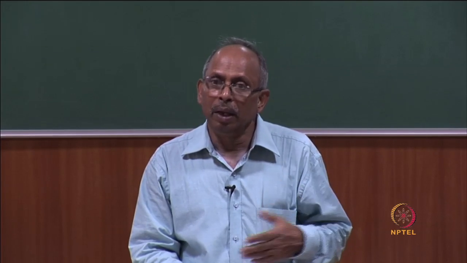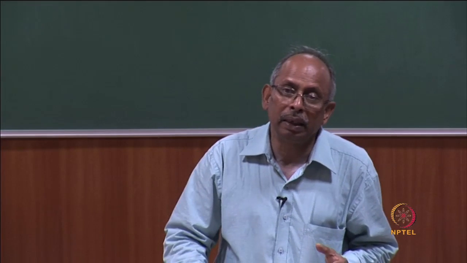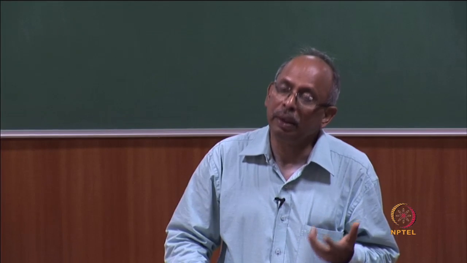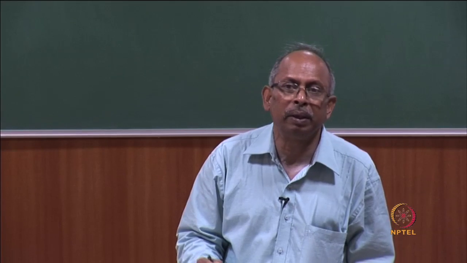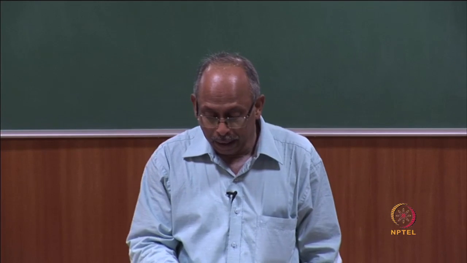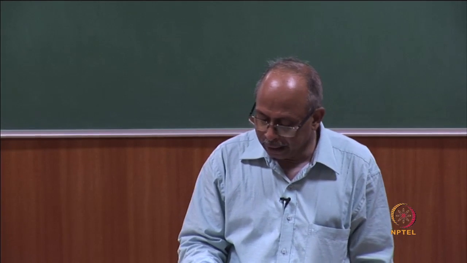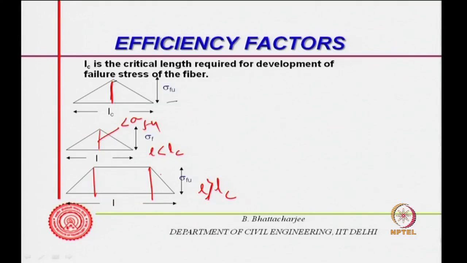So, if it is longer than that length, the fiber would still carry sigma fu, and the rest of the stress has to be carried by the matrix. On this axis is stress.